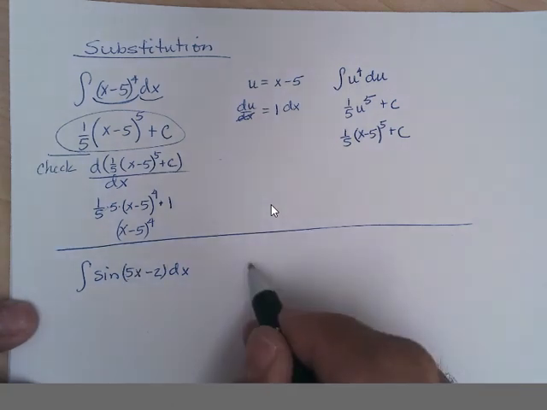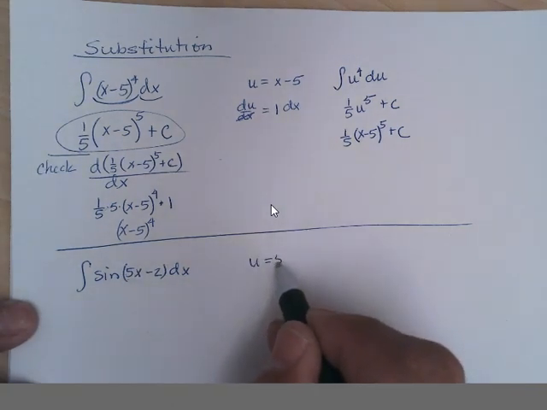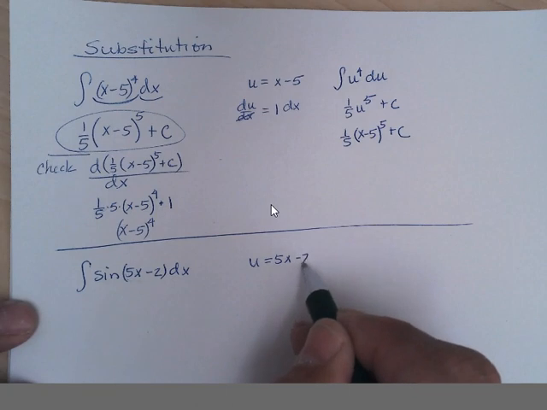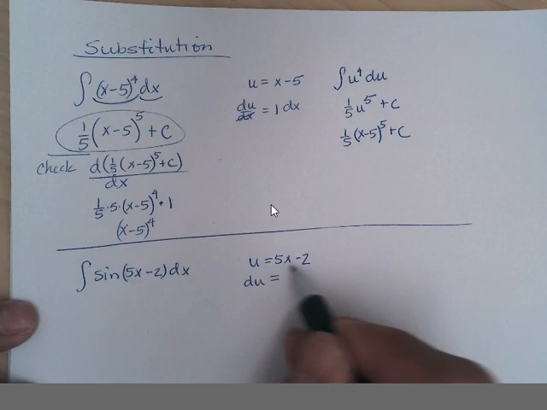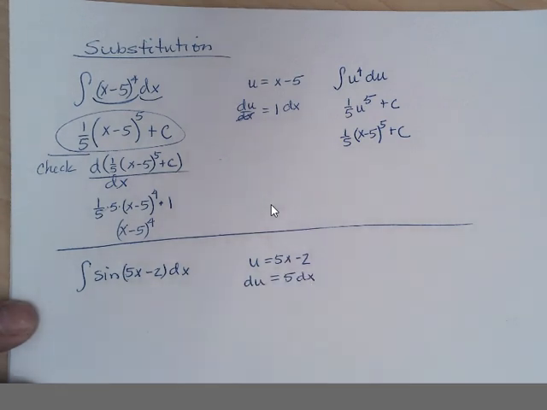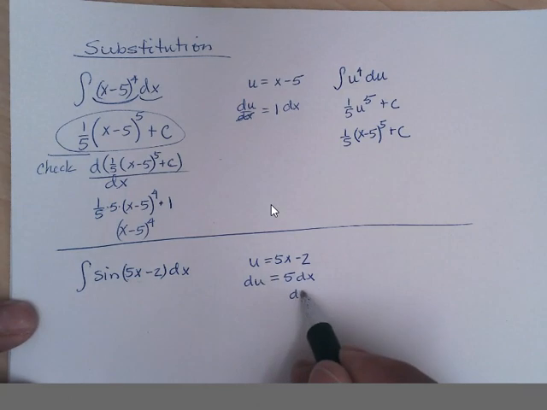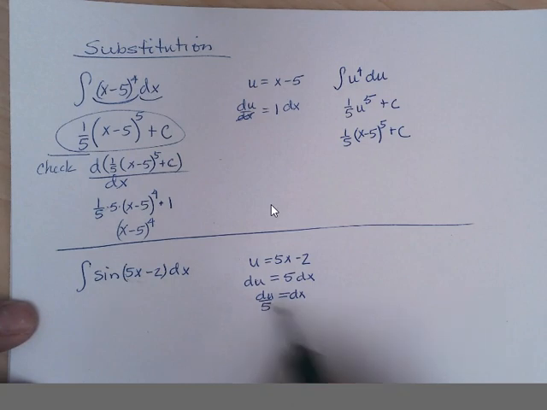So I'm going to let u equal the 5x minus 2. Taking the derivative, I'm going to get du on this side, and on this side I'm going to get 5 dx. So if I solve for dx by dividing both sides by 5, I get du divided by 5.